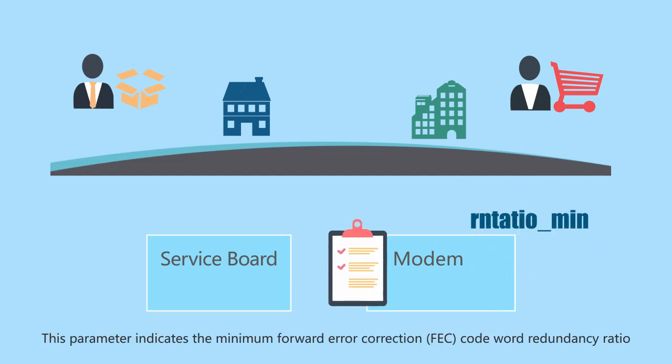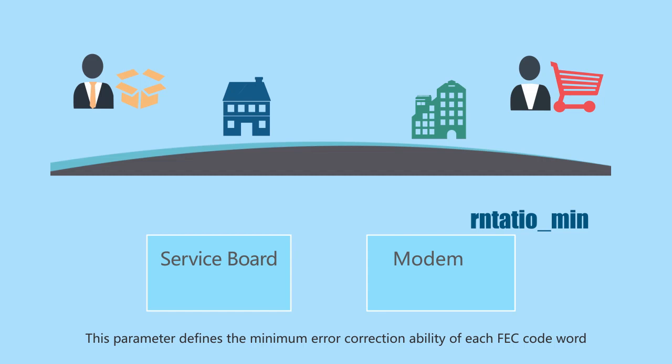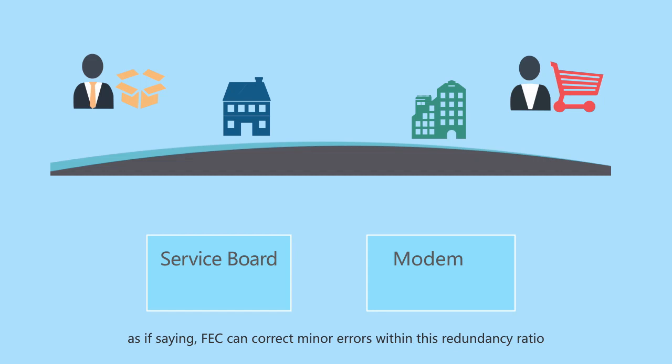This parameter indicates the minimum forward error correction code word redundancy ratio. This parameter defines the minimum error correction ability of each FEC code word. As if saying, FEC can correct the minor errors with its redundancy ratio, so don't retransmit the DTU.